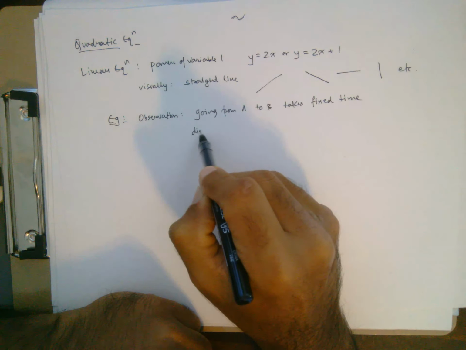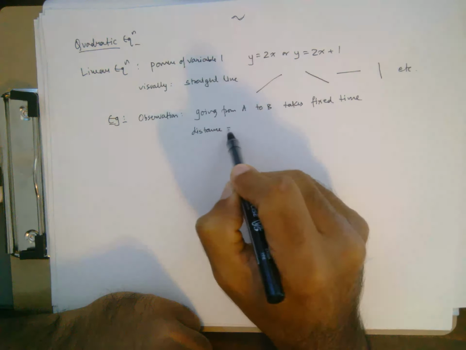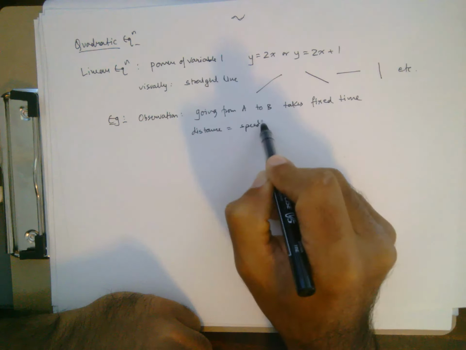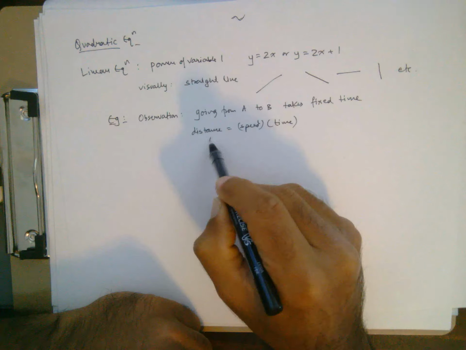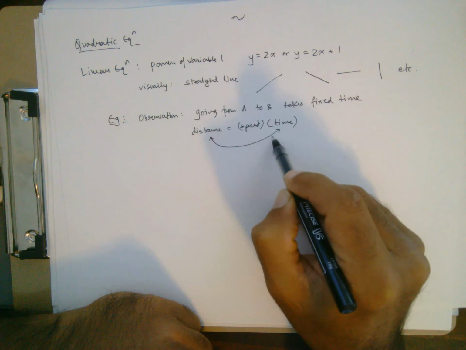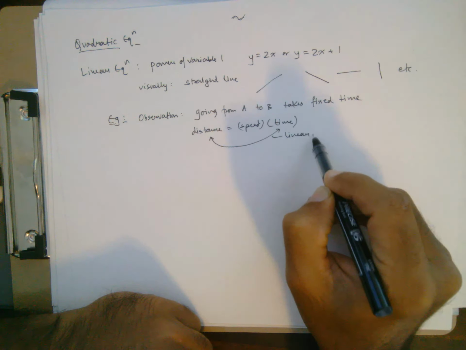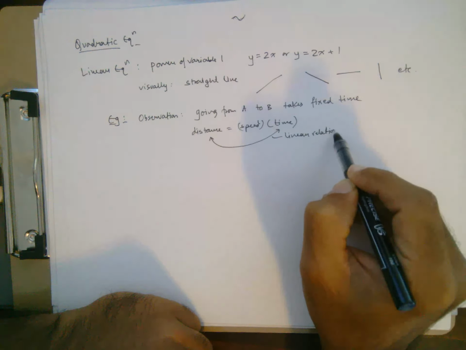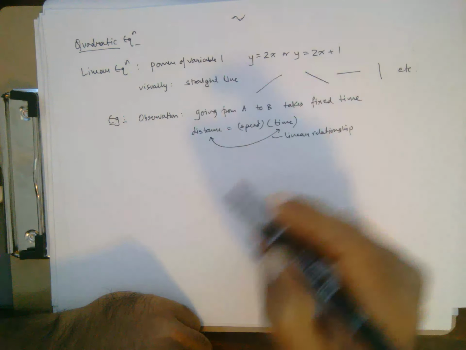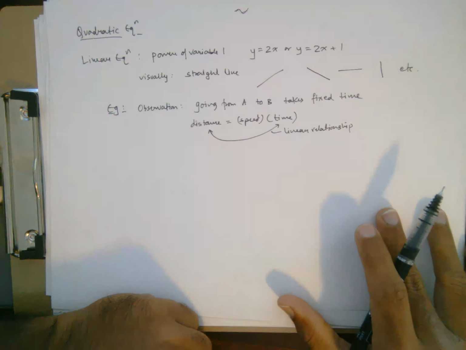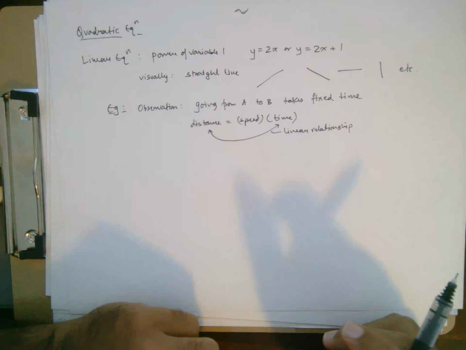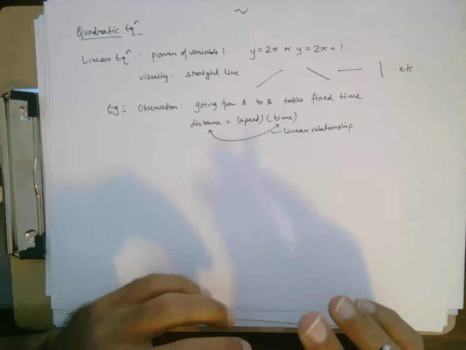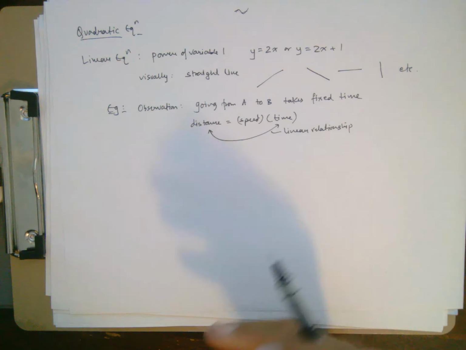Now the reason for that is the distance is given by speed times time, which means that between distance and time there is a linear relationship. Now if you walk or run, you will know that for a given distance you have a ballpark of how fast you can run, and as long as you run at that speed you take the same amount of time.